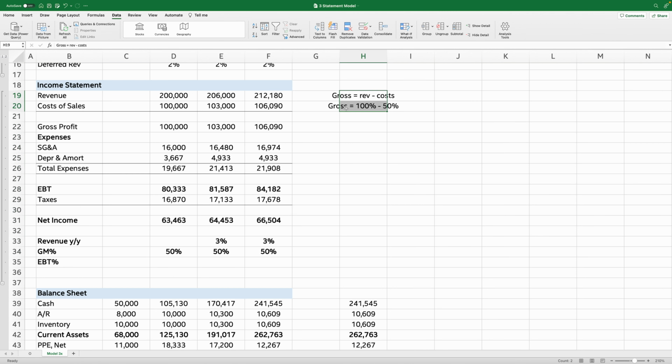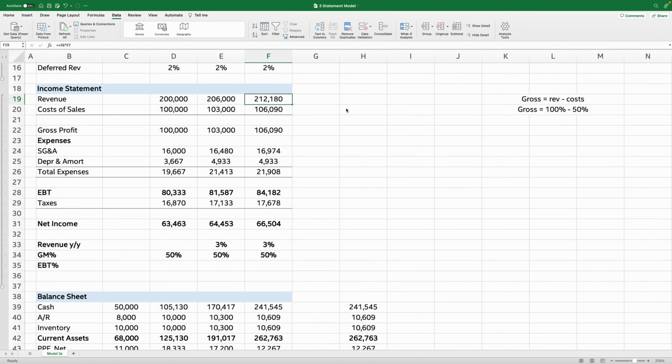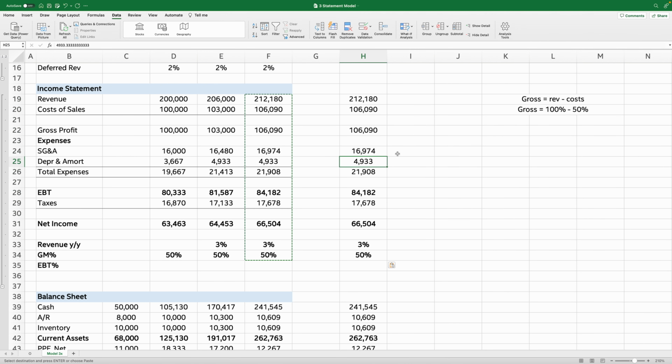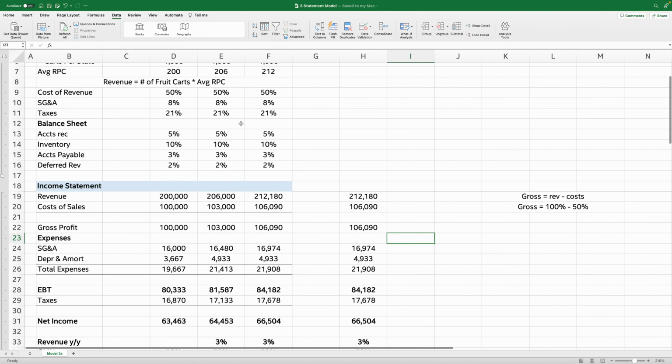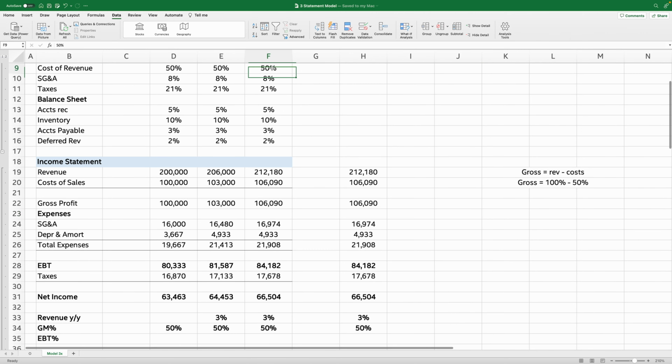Let me move this, I just want to reference it again. And I don't dance unless I hear music. So what was I doing? Let's change this to 60% and let's see how everything happens.